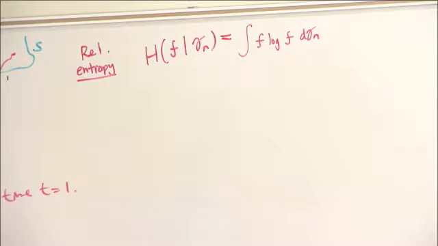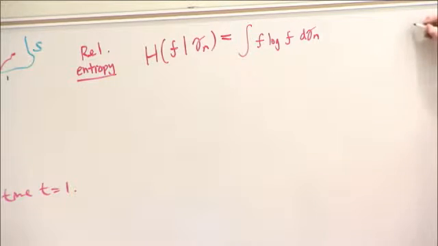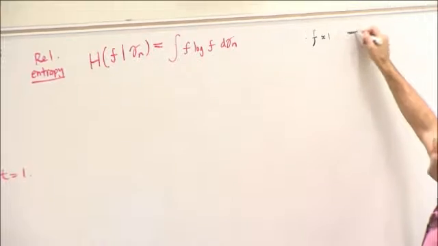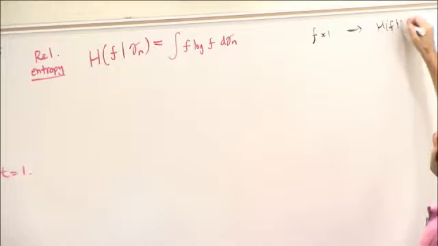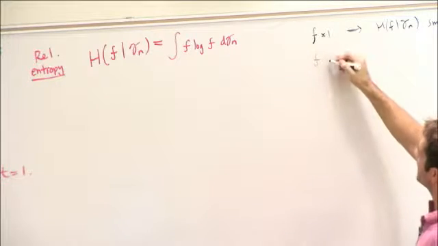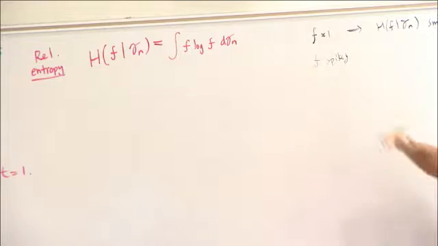Just to make sure everyone's sign conventions are in the right place: if f is close to 1, then the relative entropy is small. And if f is spiky, in the sense that it's very far from the Gaussian measure at some places, then the relative entropy is large.